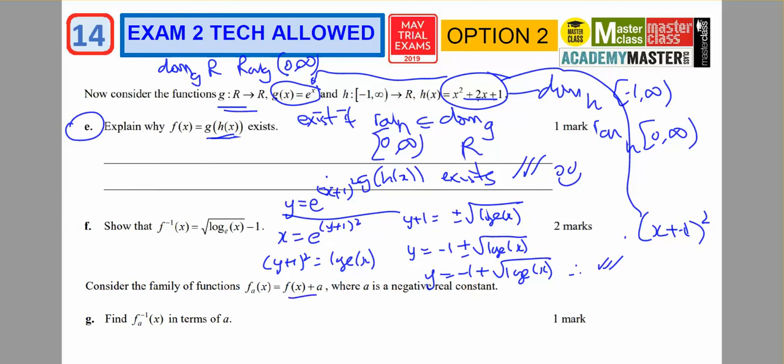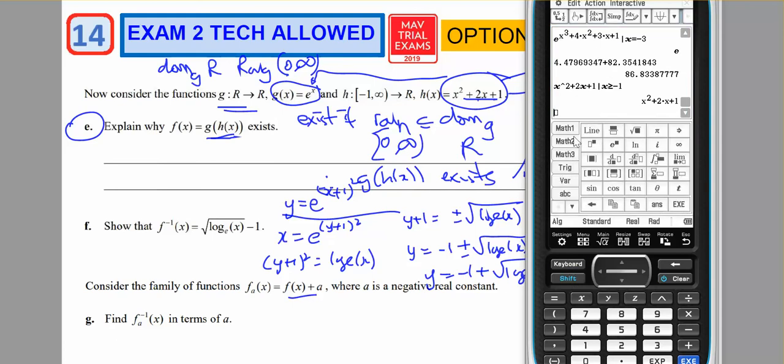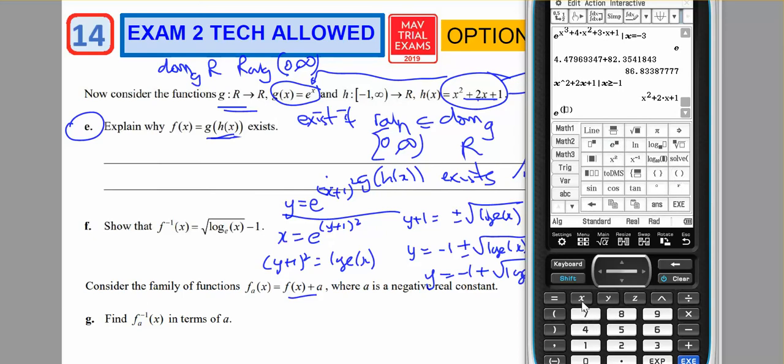Consider this family where we're going to add a to f of x. So what have I got here? I've got e to the bracket x plus 1 squared, but that's given x is bigger than -1.